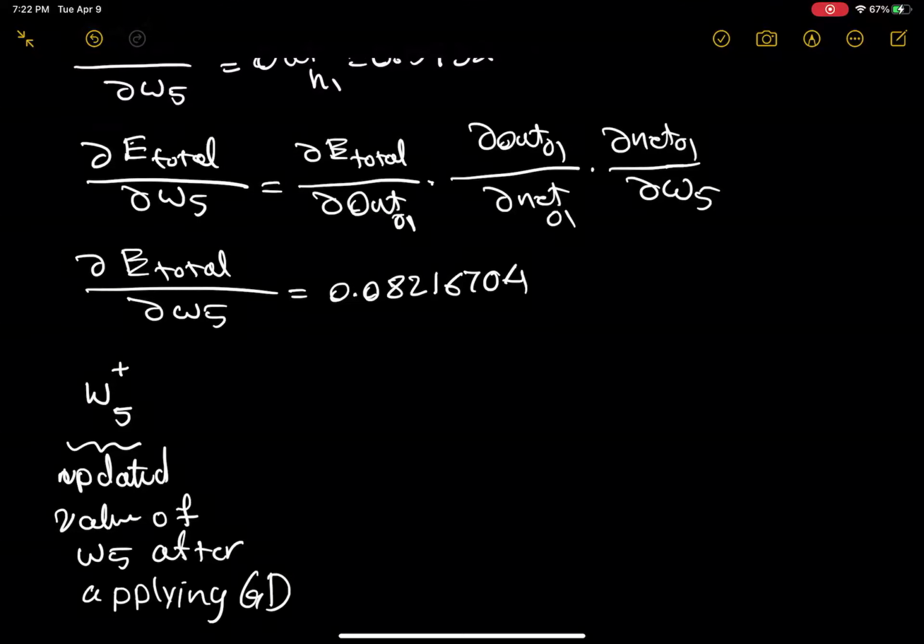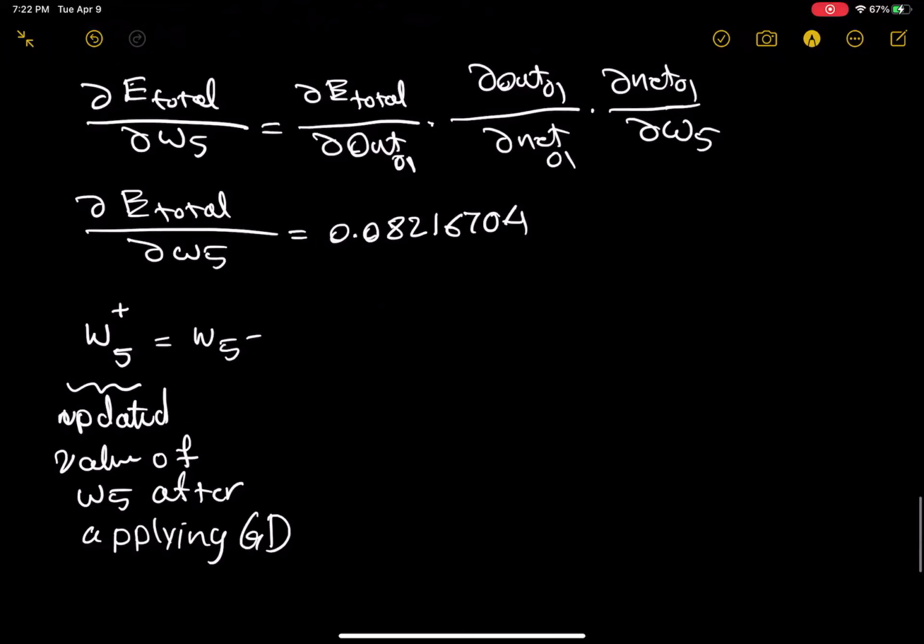So this is pretty easy. The new W is equal to the previous W, which is W5, minus eta, or alpha, it doesn't matter. This is eta, the learning rate, multiplied by the derivative of E total with respect to W5, which we already found. The previous value of W5 was 0.4, minus eta, which is a constant.